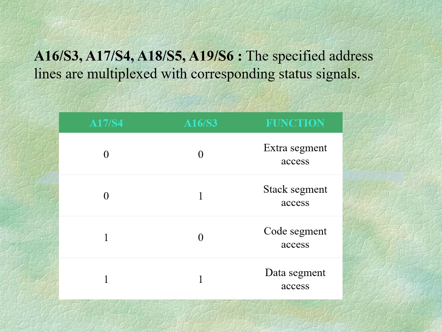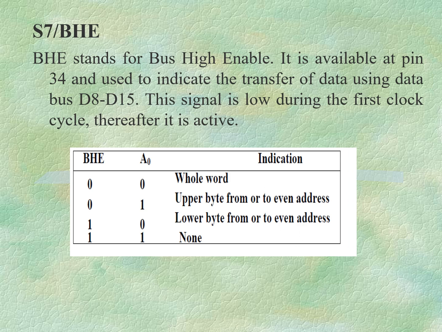We have already seen the architecture: 4 segments are available in 8086, code, data, extra and stack. So which segment you are accessing can be determined using the status S3 and S4. When S4 and S3 are 0, 0, it means you are in the extra segment.